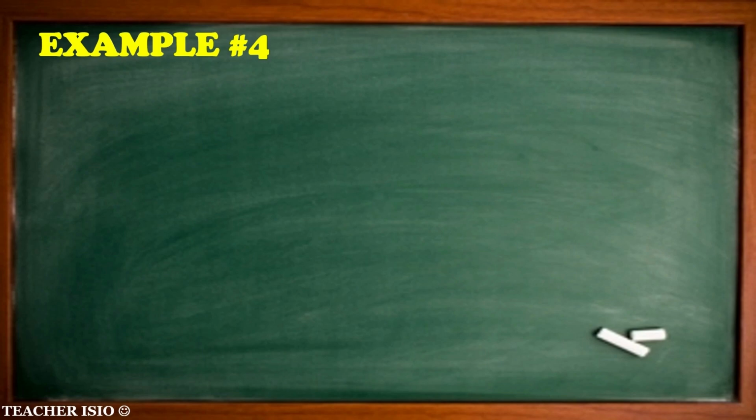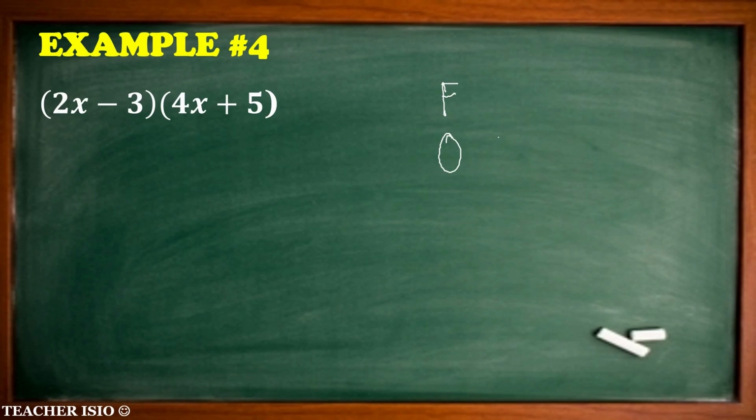Let's have now example number 4. We have 2x minus 3 times 4x plus 5. Again, using FOIL method. So we have first term, outer term, inner term, and last term.